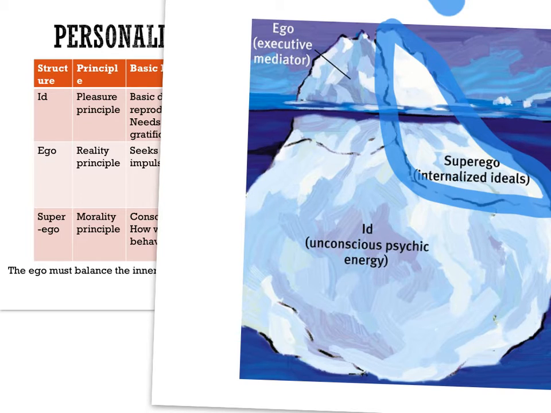This is where right or wrong is actually coming from. And if you notice, most of it is actually unconscious. Your conscience, most of it is unconscious. So that's why we have to be very careful with the distinction of those two words.